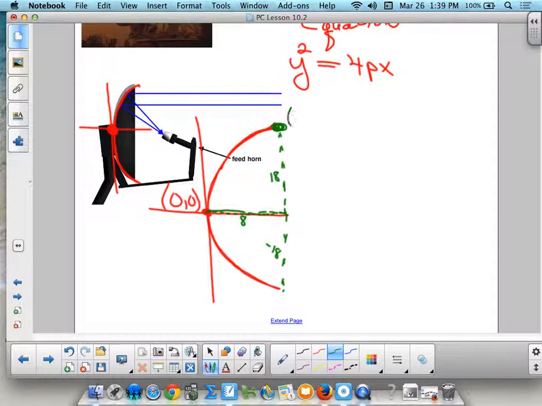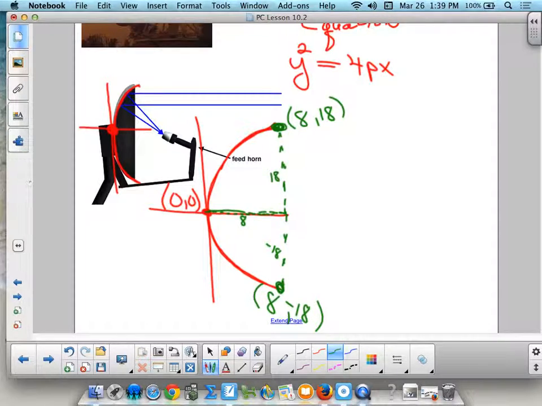So does that tell you this point right here? Anybody know that point on the parabola? 8, 18. Yeah, 8, 18. What's this point down here? 8, negative 18.